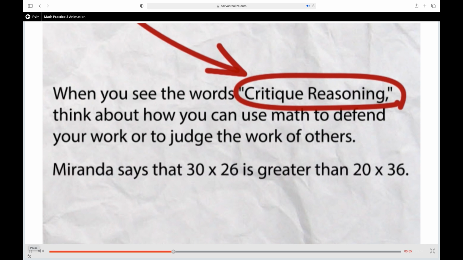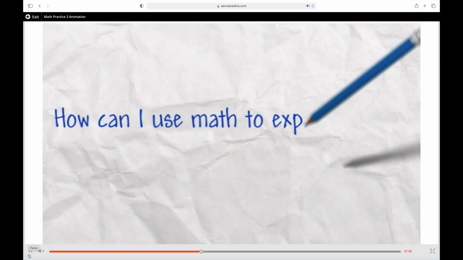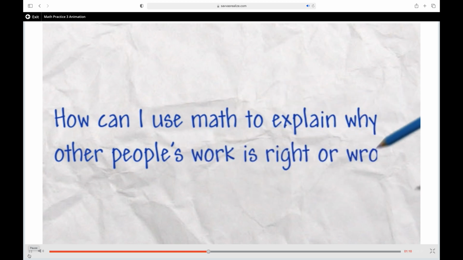Miranda says that 30 times 26 is greater than 20 times 36. Is she correct? How do you know? Ask yourself, how can I use math to explain why other people's work is right or wrong?